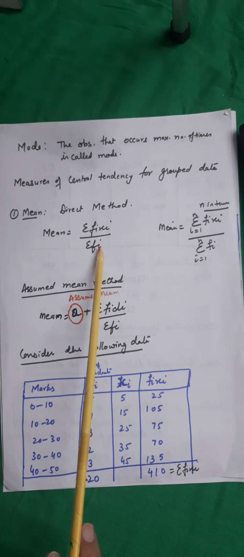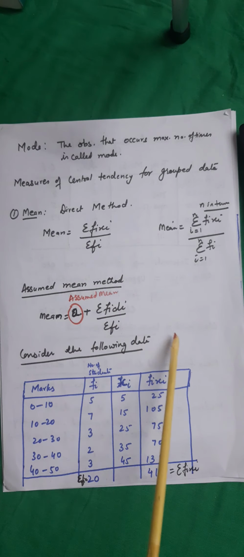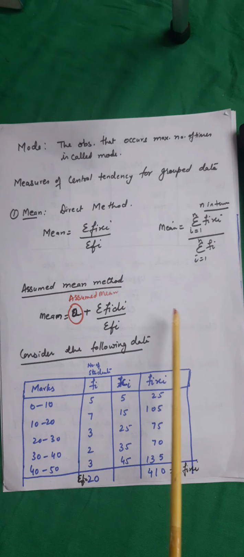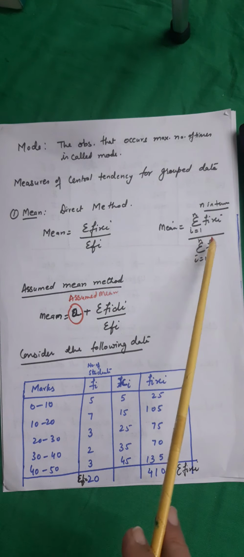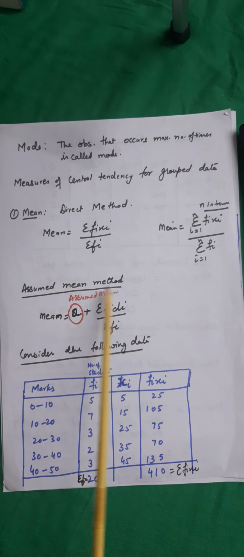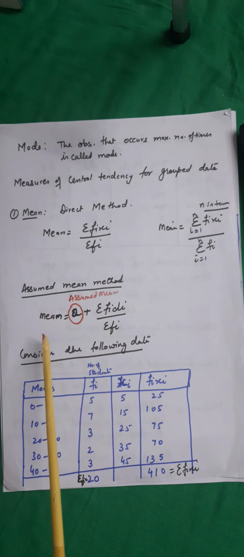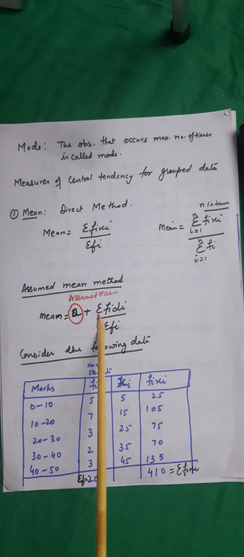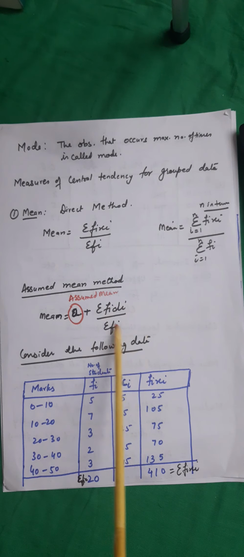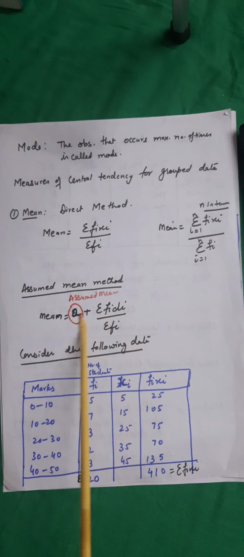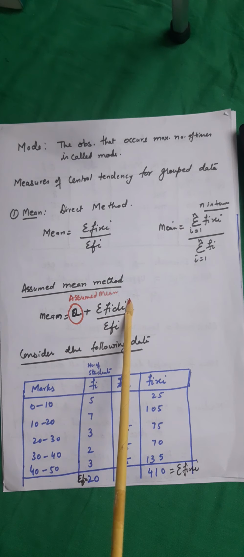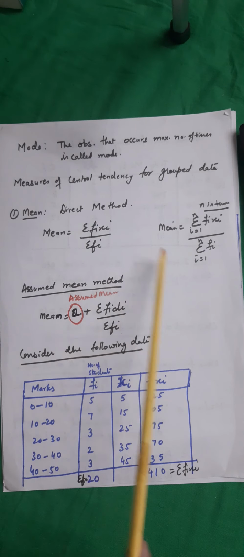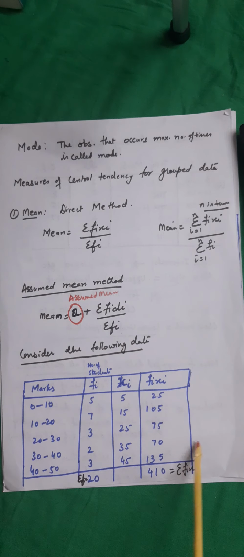Here i is the index used for the number of class intervals included in the table, right? Now, in the assumed mean method, mean is equal to a plus sigma fi di upon sigma fi, where a is called the assumed mean. You will understand all these things better if we solve one question.